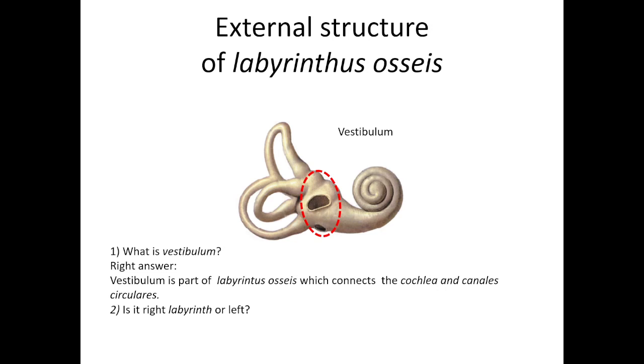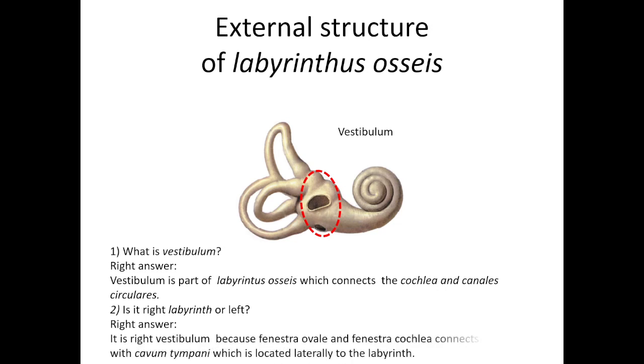We can imagine that these two openings are located laterally. That's why it's the right vestibulum: fenestra ovale is here, and fenestra cochlea is here. They connect vestibulum with cavum tympani, which is located laterally to the labyrinth. So it's the lateral portion of it.